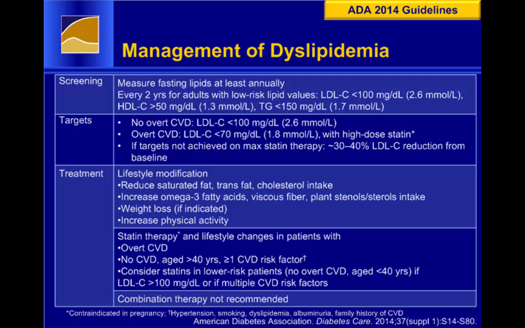You start lifestyle modification, and if this is not enough, and if you come back with lipid levels greater than 130, then you start statins unless contraindicated, because remember your LDL is your goal, so you must be less than 100, or if you're over CVD, less than 70, and you must be on high dose statin until side effects come, which are basically rhabdomyolysis and myalgias or liver dysfunction, or if it's contraindicated.